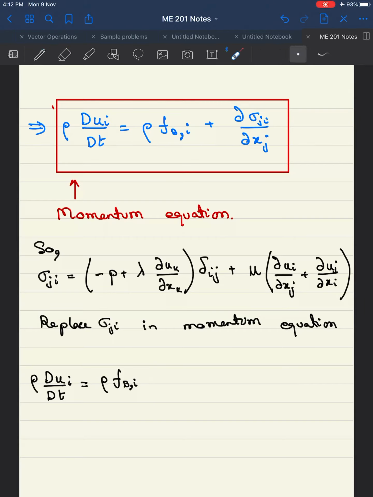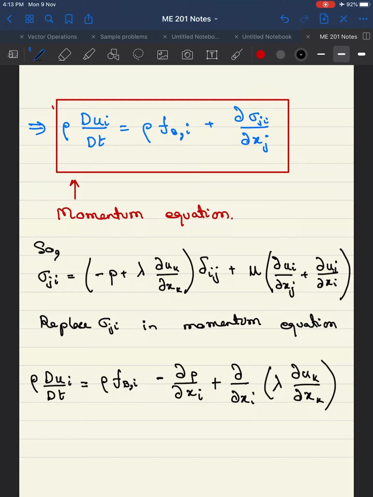Now I hope you remember what happens when you have this del xj operator and the Kronecker delta. You will end up with minus del p, and here it is del x, but because of the Kronecker delta this will become del xi, and then plus del xi of lambda times del uk by del xk.